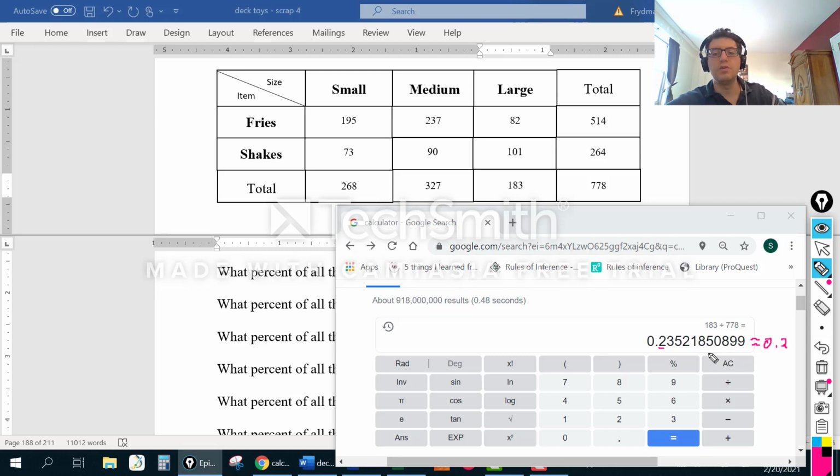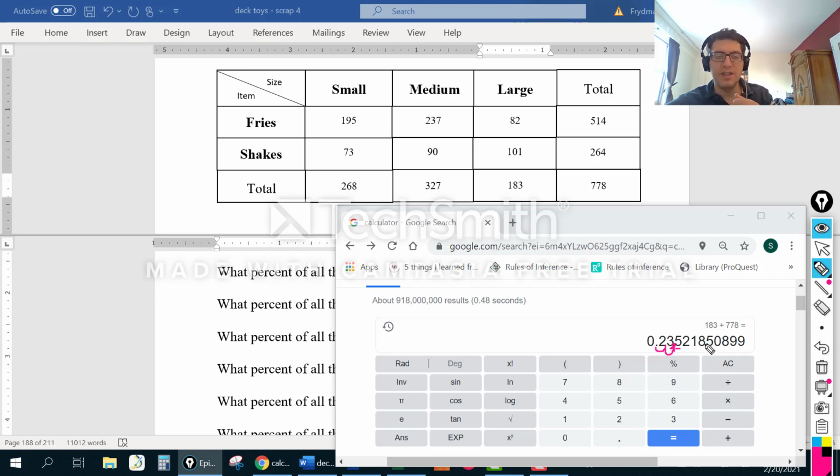But what I want is to round to the nearest tenth of a percent. So first I'm going to move the decimal point 2 spaces to the right, 1, 2. Now my new decimal point is over here, and the 5 is in the tenths place. The next digit after the 5 is a 2, which means the 5 stays the same.